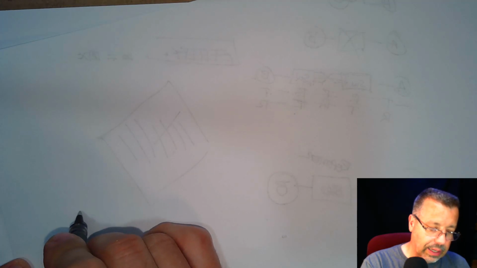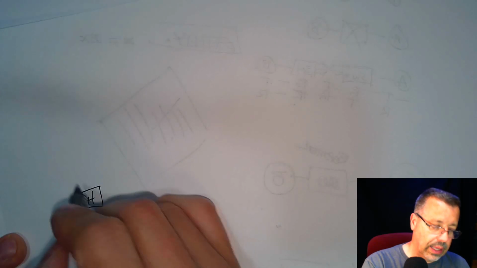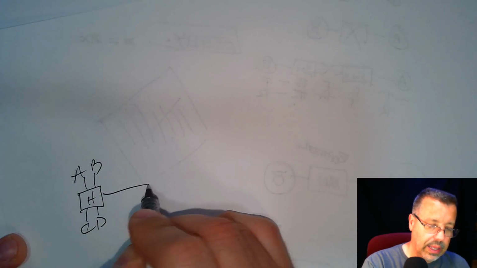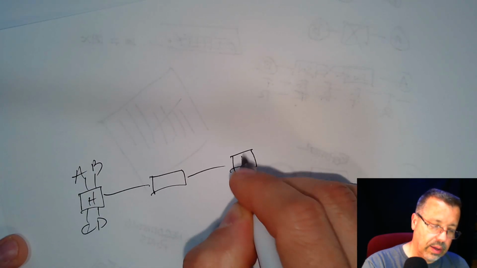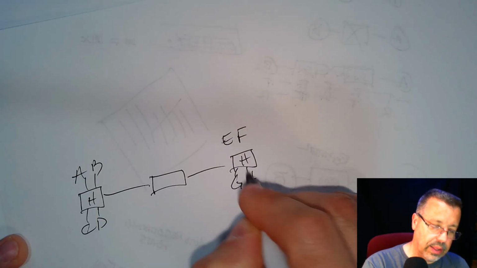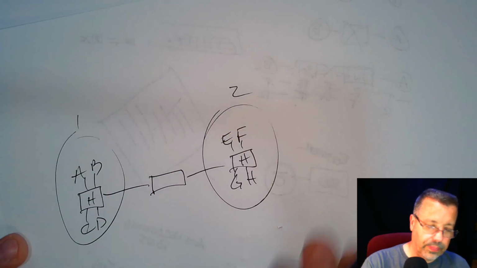So let's say I have a hub over here, and A, B, C, and D are connected to that. And then over here, I have a hub, and E, F, G, and H are connected to that. All right. So LAN 1 and LAN 2.